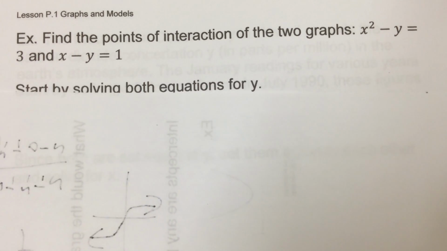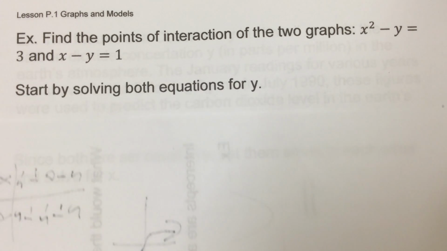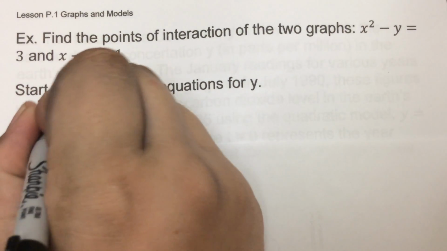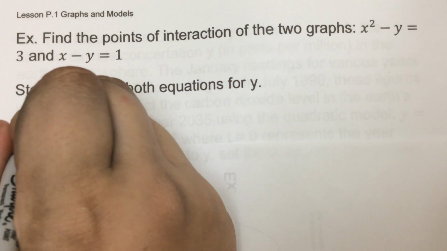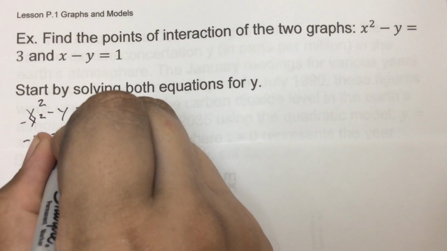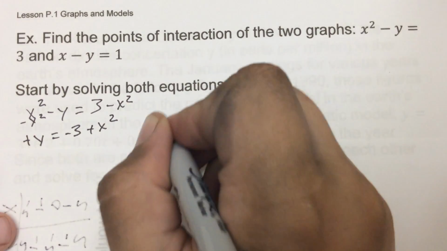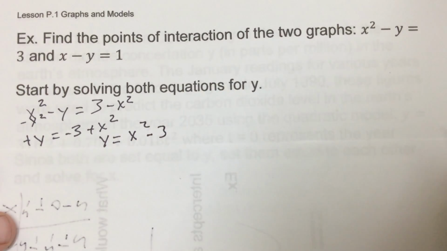Now, we can also find points of intersection where two, say, equations would come together. Well, first you're going to go through and solve both equations for y. So if I have x squared minus y equaling 3, I would add or subtract the x squared over and have negative y equaling 3 minus x squared, and then switch all the signs to have y equals x squared minus 3.